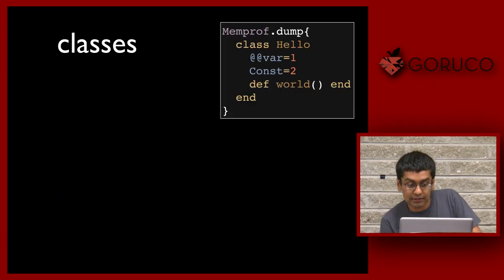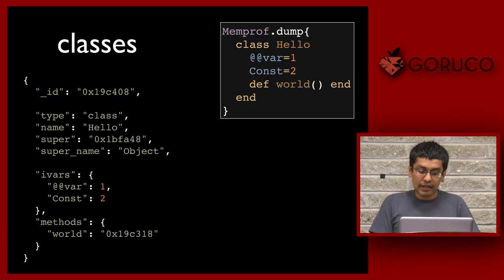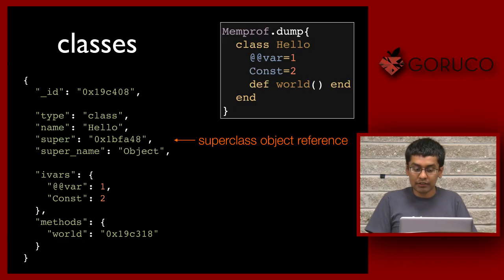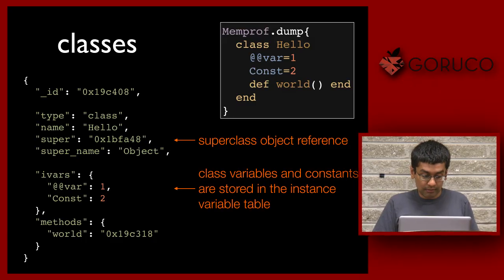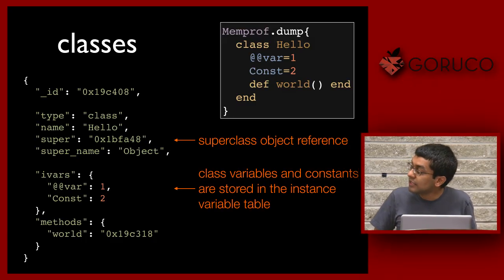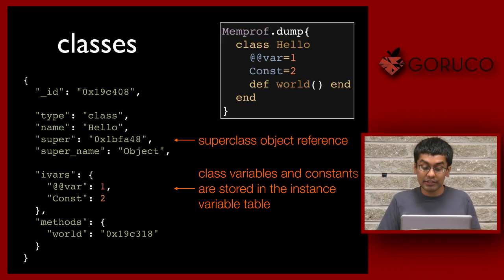And finally, classes. So here's a really simple class. It has a class variable, a constant, and 1 method. And you'll see that it creates an object of type class that has a name. It has a superclass, which makes sense. You'll notice that there's an instance variable table. And so actually, it's interesting, in the MRI VM, the instance variable table holds not only instance variables, but also constants and class variables.